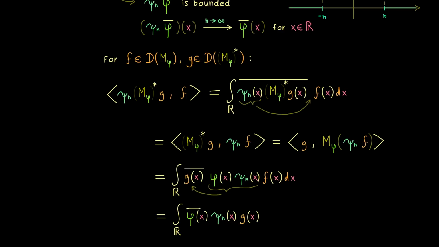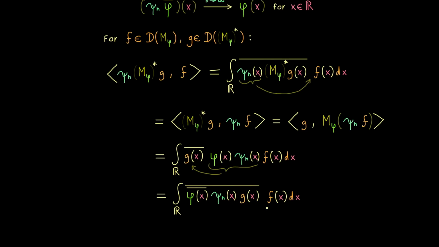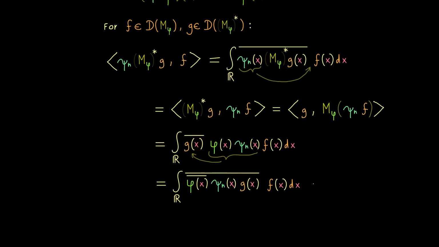Therefore, in the same way as before, we just have to put two complex conjugations together. And then we see this whole thing now is the new input in the left hand side of the inner product. And most importantly, we know that this input is an L2 function. It's just a bounded function times g, so everything is good.